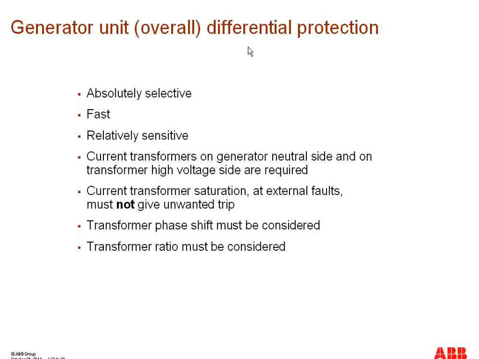Generator block or overall protection, including the transformer itself, will also have the same qualities and characteristics, but instead we will have a transformer now in the zone of protection, so we will have to take care of the delicacies of the transformer also into account.